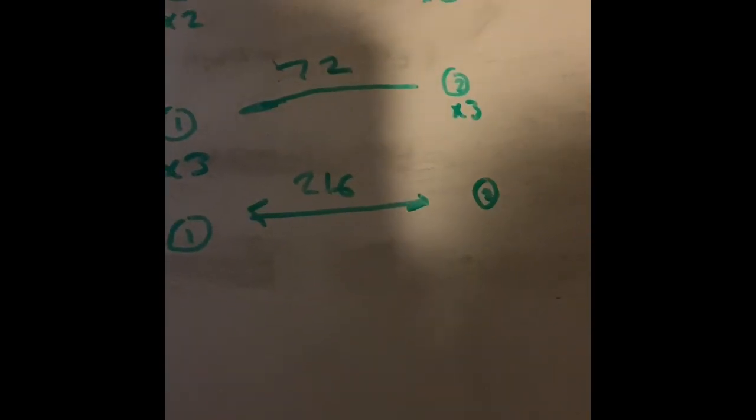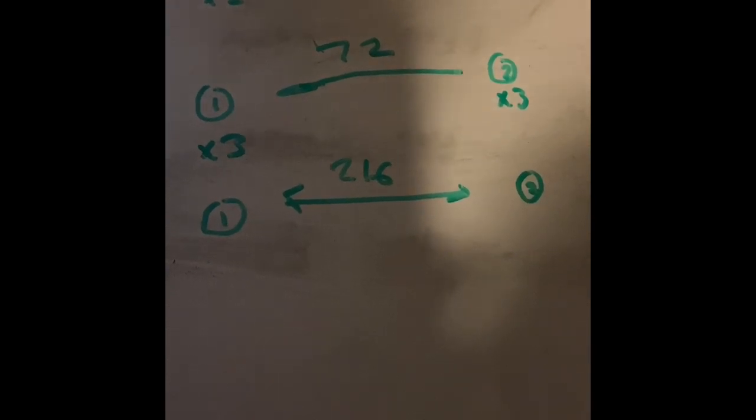So let's draw a little chart for that first. The gravitational force was originally at 36, then it went to 72, then 216. That was a result of a times 2 and a times 3. So now we're at 216. What's the last component of this problem? The distance separating objects 1 and 2 has been halved.